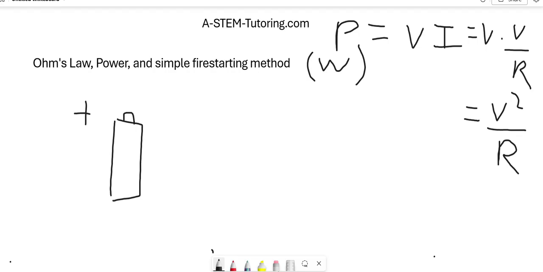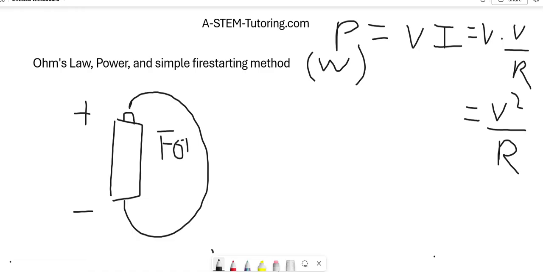This is normally the plus terminal, and this is the minus terminal. And you take the foil wrapper and connect it between the two terminals. The foil side needs to be touching the terminals so that it will conduct electricity. The paper is on the outside.